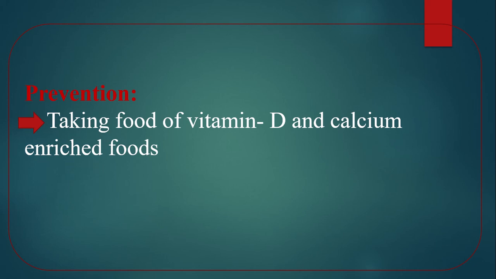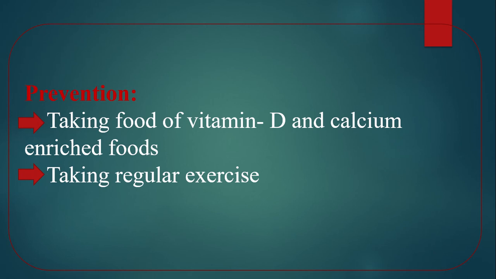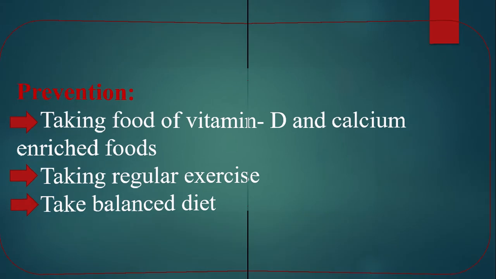Because vitamin D helps to absorb the calcium from taken food. That's why we have to take vitamin D enriched food also, besides taking the calcium enriched food. Take regular exercise, take a balanced diet.